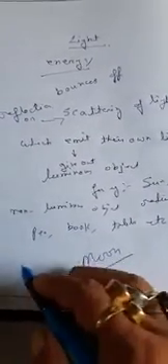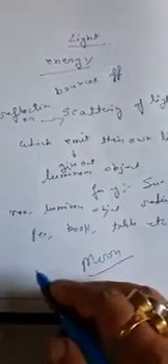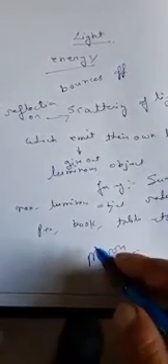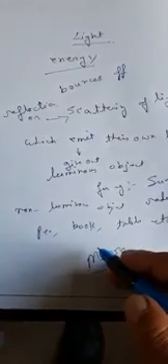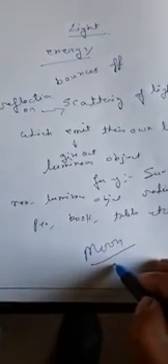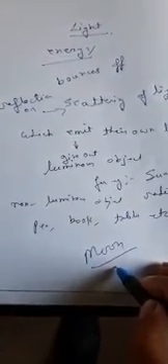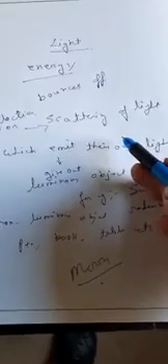Because the ray of light falls on the moon, and due to reflection or scattering of light, the moon becomes visible to us. Like this, there are so many non-luminous objects that shine and become visible. The main reason is reflection or scattering of light only.